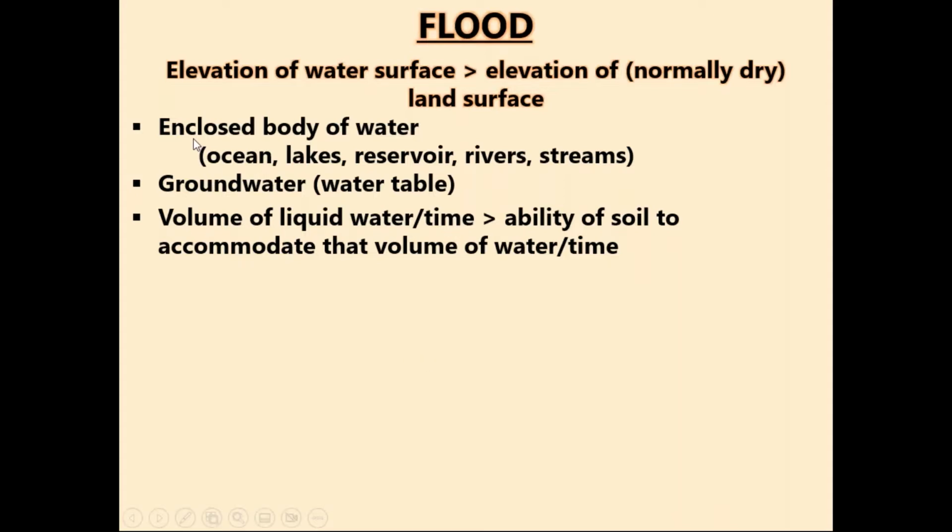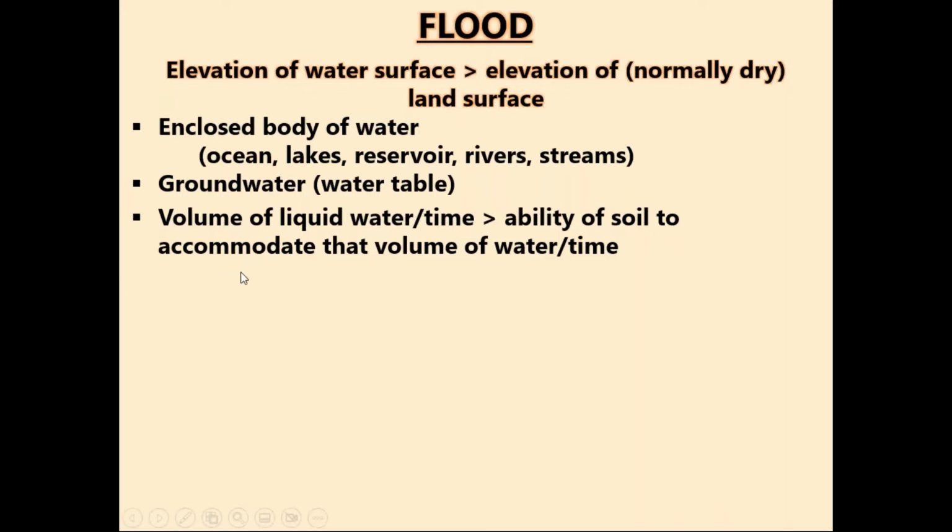And this can occur due to water rising in an enclosed body of water, such as ocean, lakes, reservoir, rivers or streams. We could also talk about flooding associated with the rise of the water table, right? So the rise of groundwater and the level of the water table.